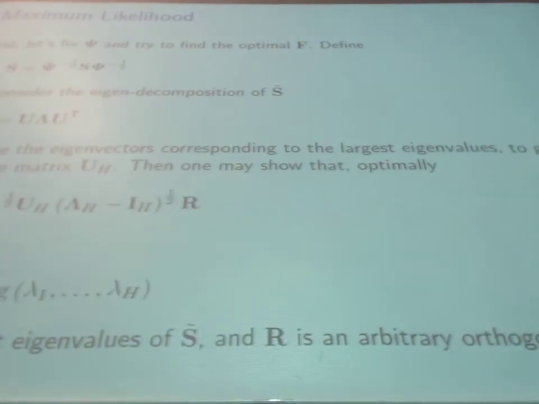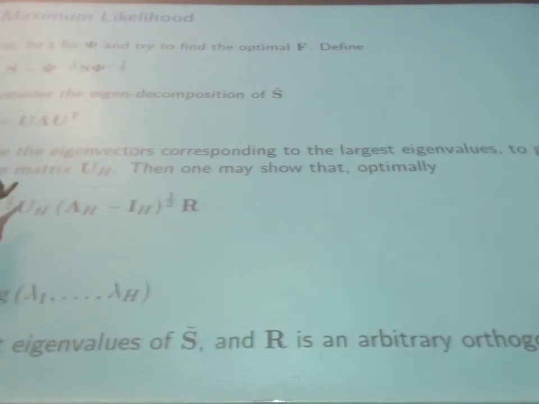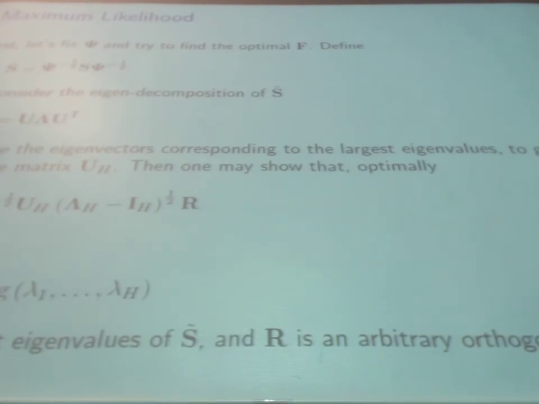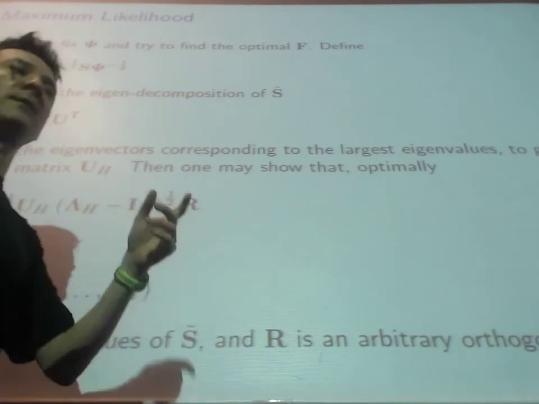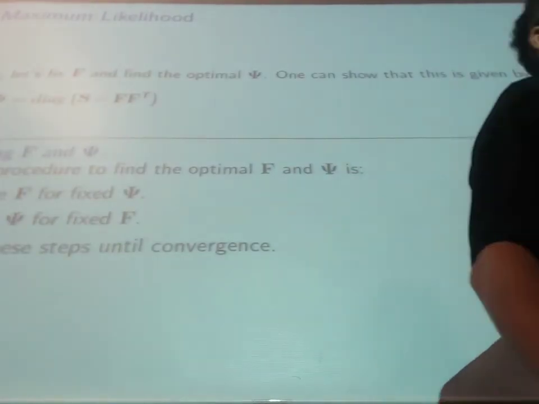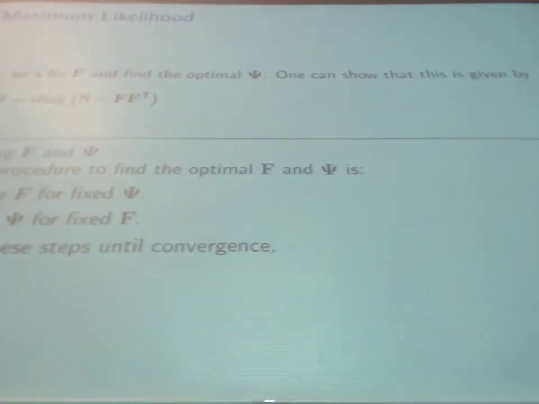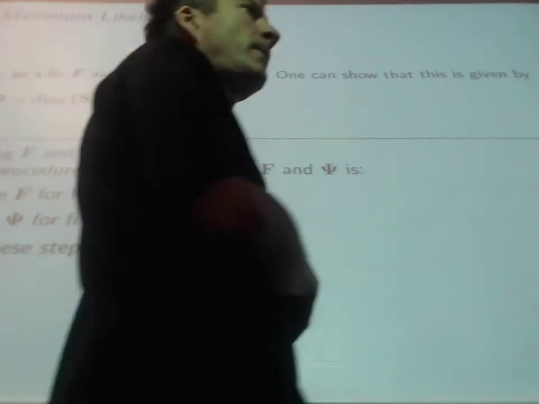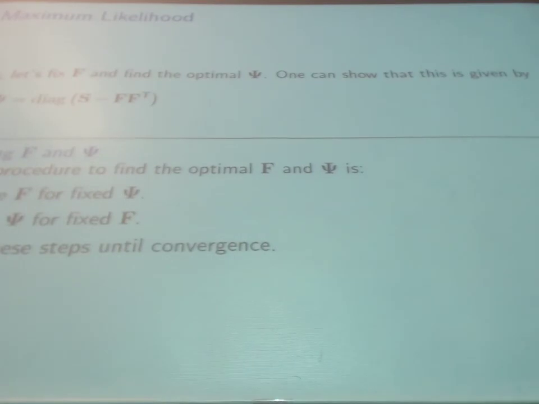U is just the decomposition of this matrix. This gives you f. Given f, you then update psi with this. Given that psi, you go back and update f. This procedure converges rapidly. Just after a few iterations, you'll have the optimal f and optimal psi. And this is I think the classical procedure which you'll find in most numerical packages for learning factor analysis. It's a very old procedure. It goes back to the 1960s, even earlier.